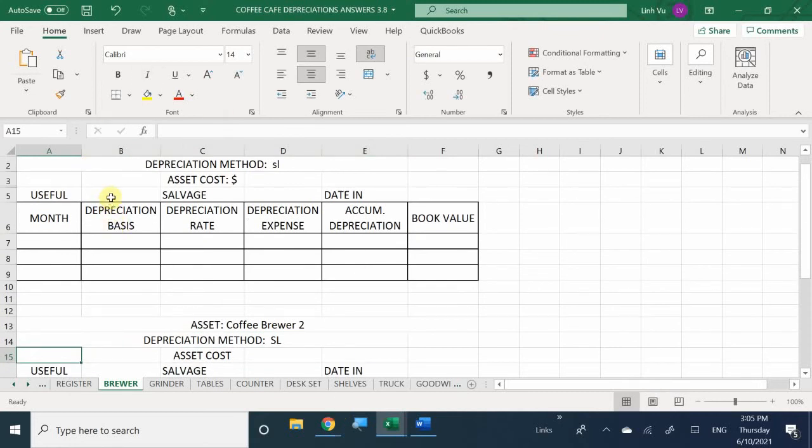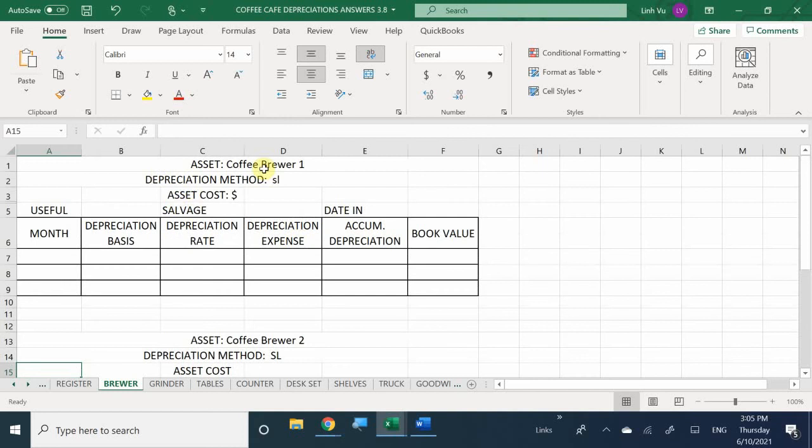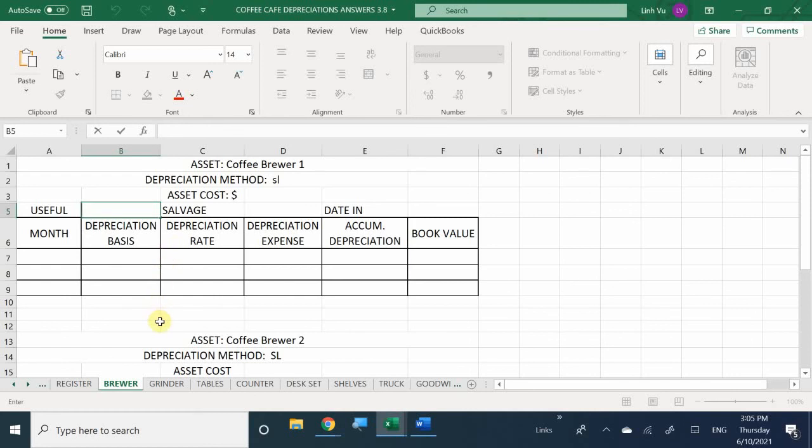Now, what do we know about the useful life of the first coffee brewer? That's 3 years.